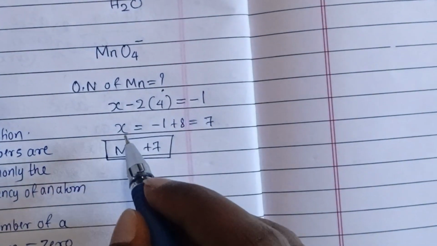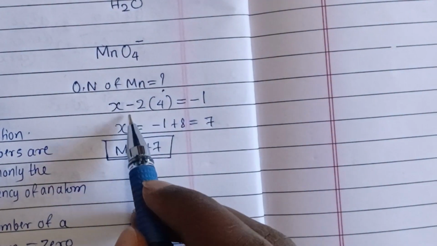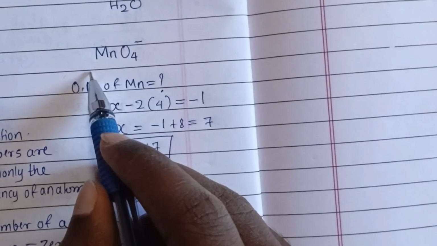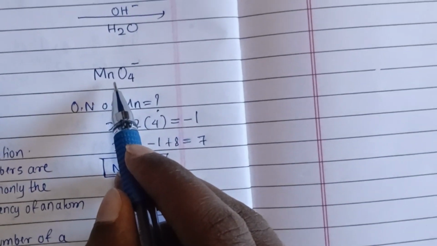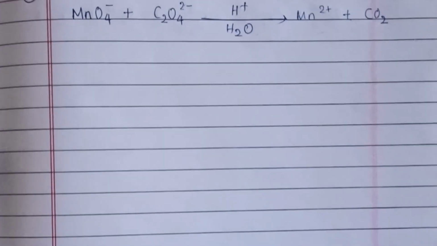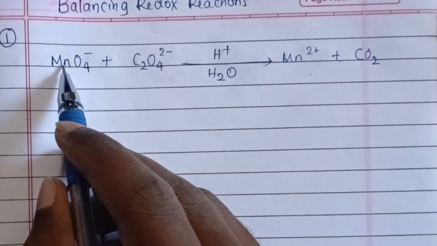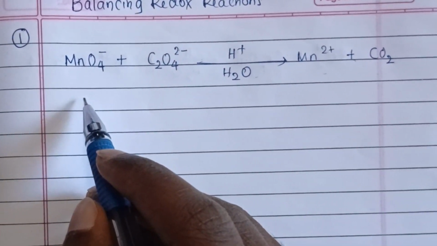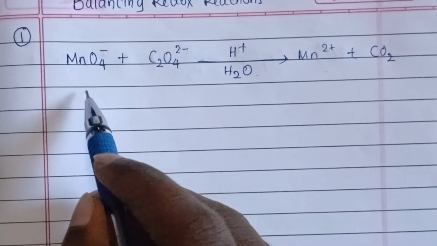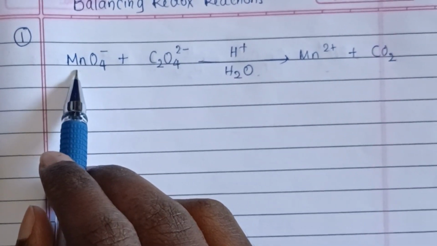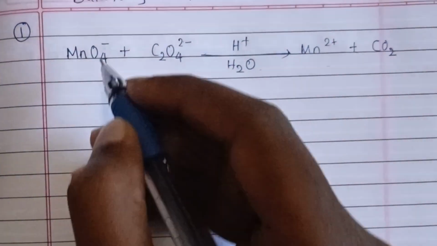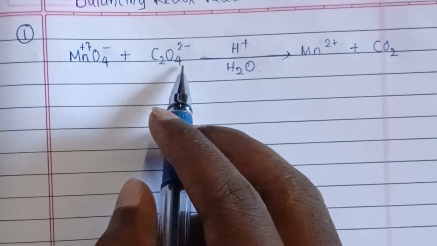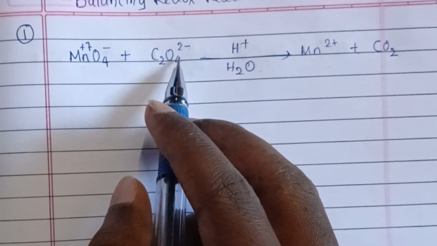This is how you can calculate the oxidation number of individual atoms when a compound is given. This is very important because the same thing is followed in the original question. For example, here MnO4 minus is there, so first of all you have to find how much oxidation number this Mn has. By that we got to know that it has +7. The same follows here. There are 4 oxygens, so -8.